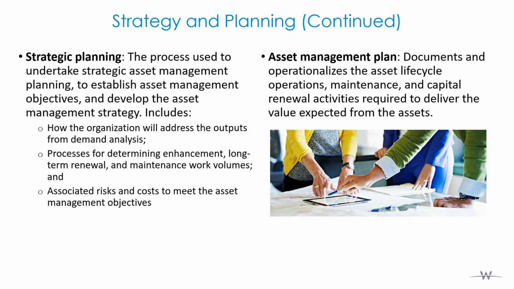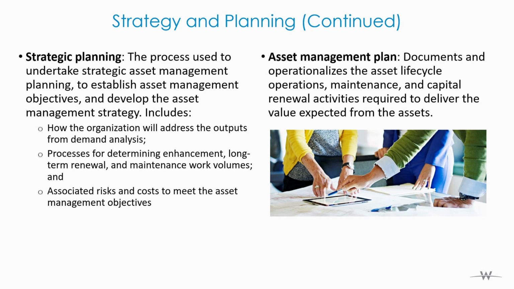So we use strategic planning to figure all this stuff out. We take that demand analysis and our policy, and we do some strategic planning, and we determine how we're going to meet our asset management objectives and develop that asset management strategy. It includes how the organization is going to address the outputs from the demand analysis. If we've got new demand, how are we going to meet that demand, right?